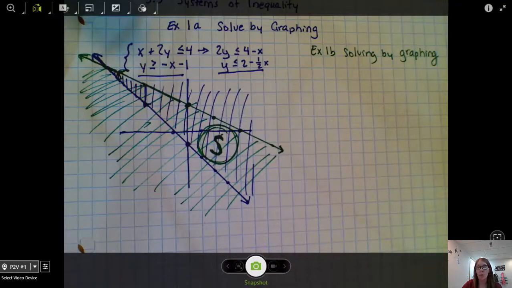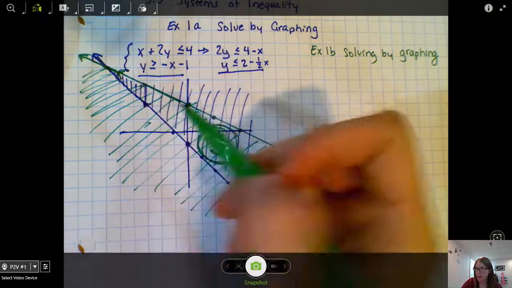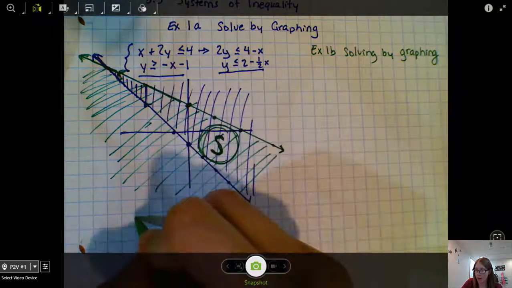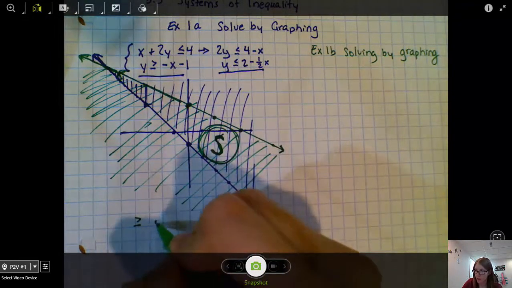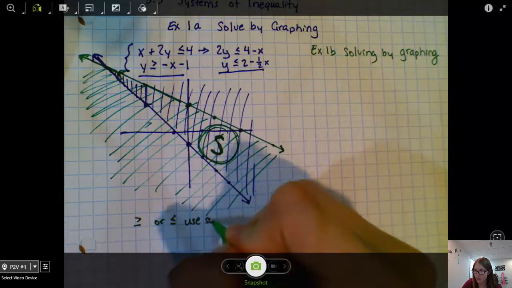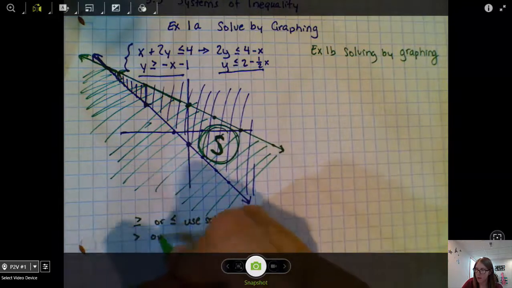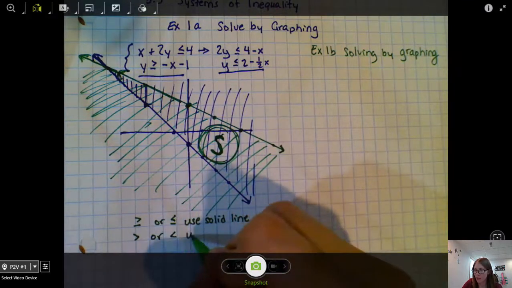I guess there's really a couple last things that I want to add as far as notes for this example. The first thing is that if we have a greater than or equal to symbol or less than or equal to symbol, we use a solid line. Plain old greater than or less than, use a dotted line.